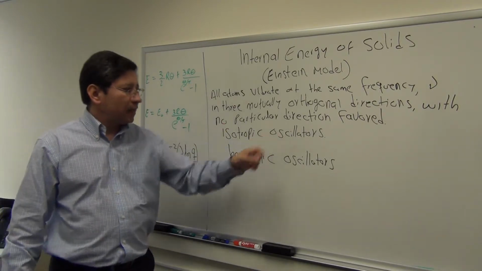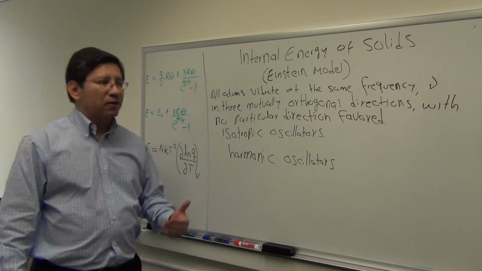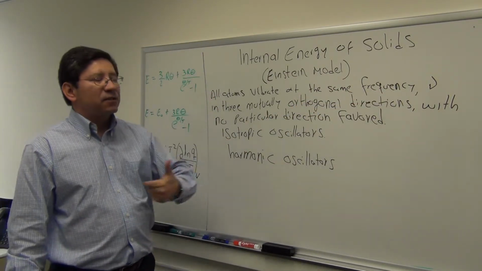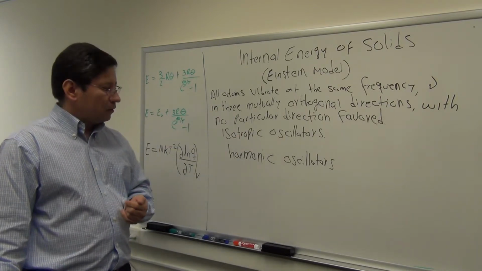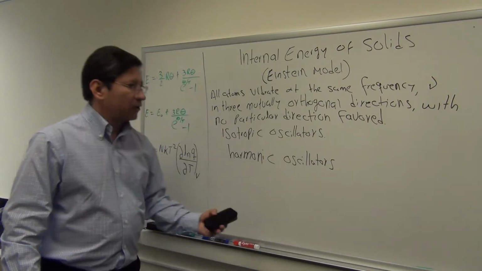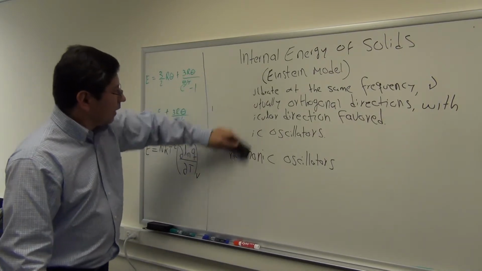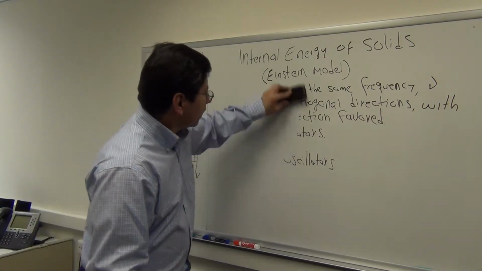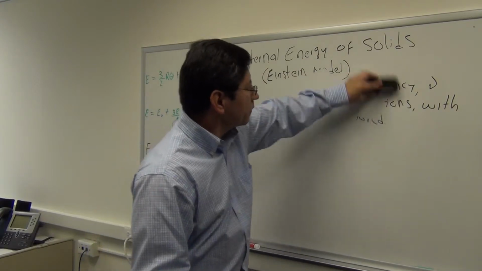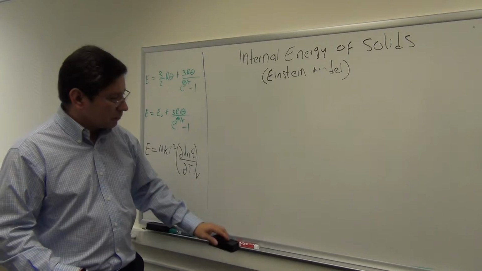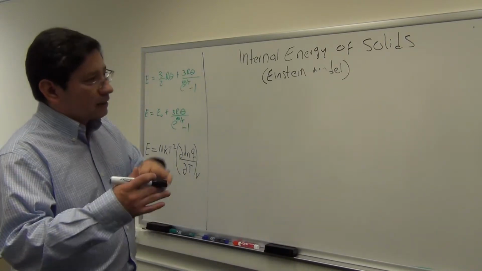And also these oscillators are harmonic oscillators, and the frequency of vibration is related to the energy of the oscillators. So let's see how that really unfolds. Again, we're going to talk more about the assumptions of Einstein's model in class.